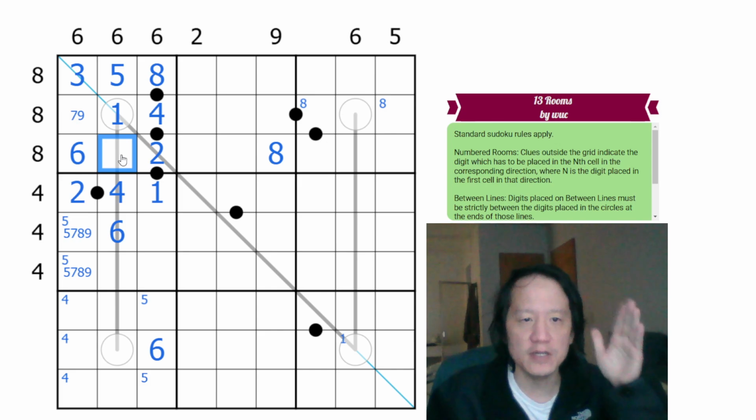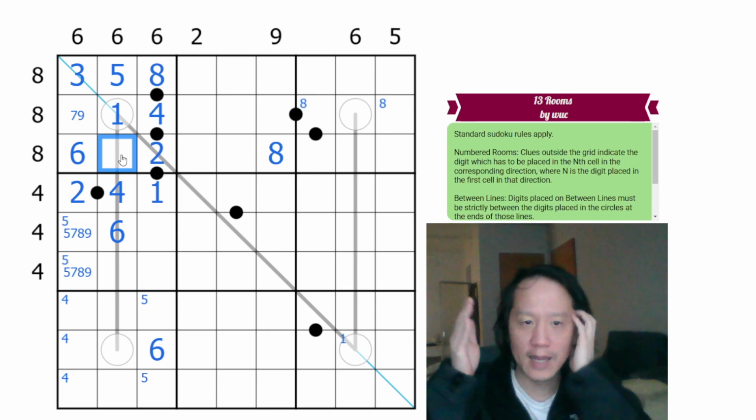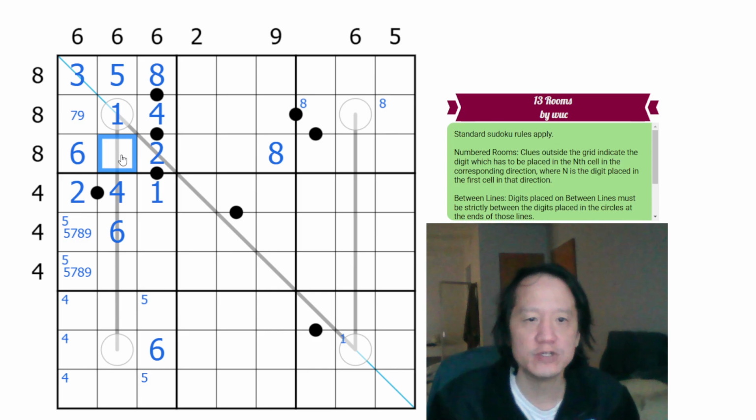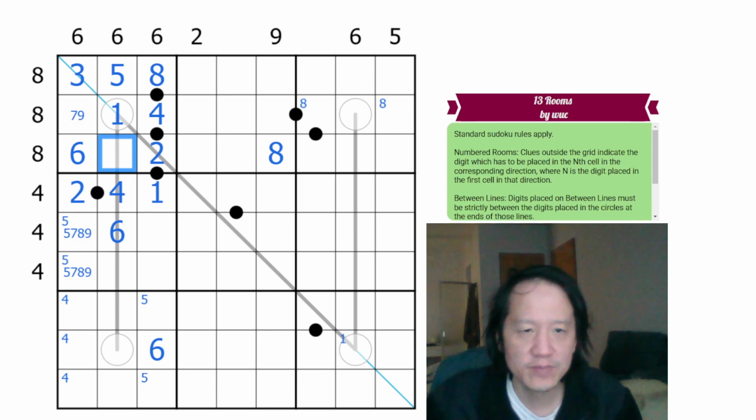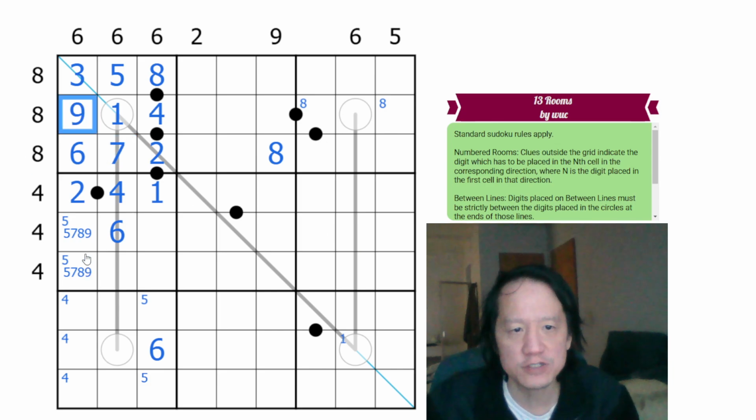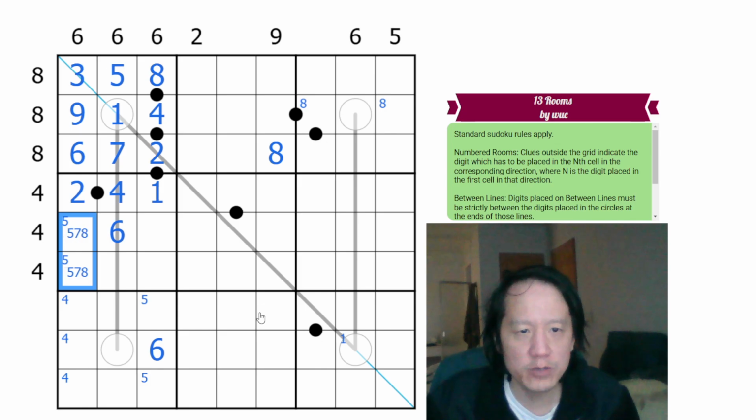So 9 has to be either an endpoint or outside the between cells. So therefore this can never be 9, this has to be 7, right? Because 9 can never be in between another digit and anything below it, because 9 is the highest digit. So therefore this must be 7, which forces this to be 9. This can no longer be 9.